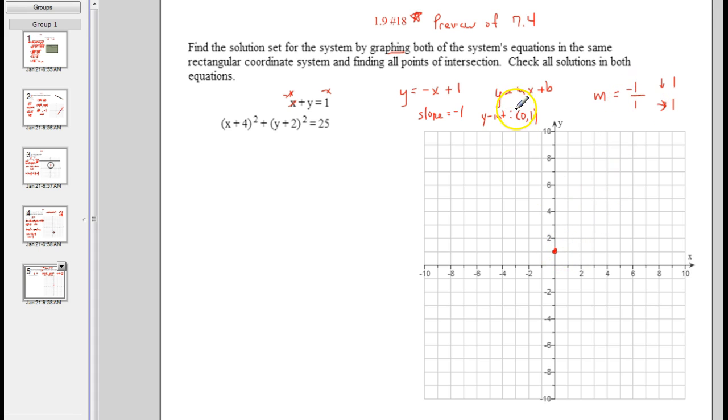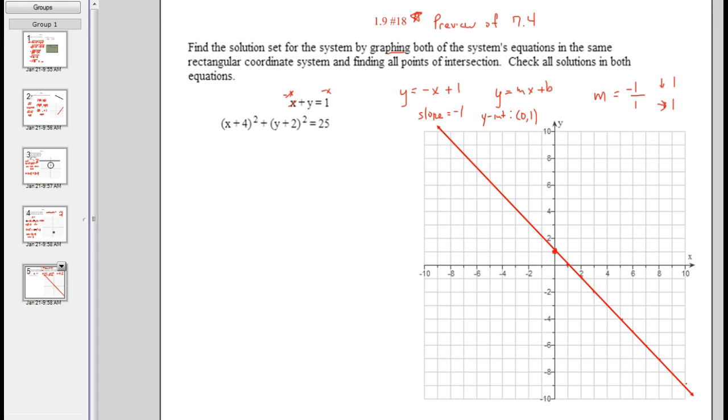So from that y-intercept of 0, 1, I go down 1, right 1, down 1, right 1, and then I can just keep doing that over and over and over again. As you notice, I'm hitting these diagonal corners on this thing. So I'm going to fill that line in. Alright, so there's that line, the top equation.